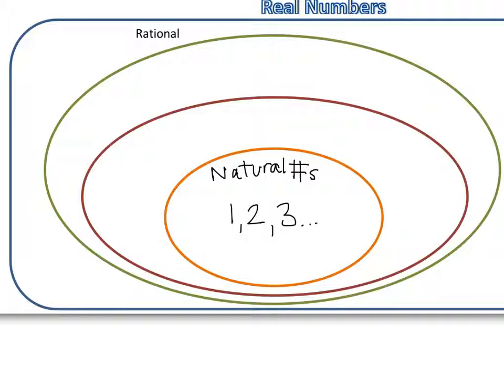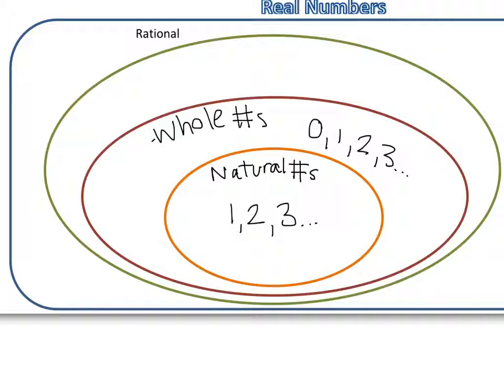Now, if we get a little friendlier, include some others, what do we get? Our whole numbers. And that's all the natural numbers plus 0. So we have 0, 1, 2, 3, so on and so forth. Now, let's be more inclusive, include some others. We're going to include the negatives.